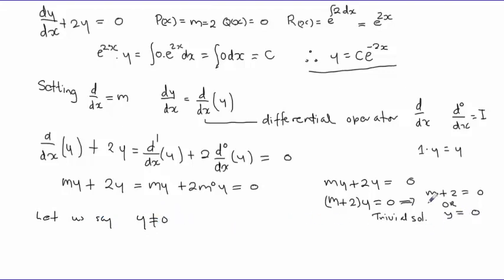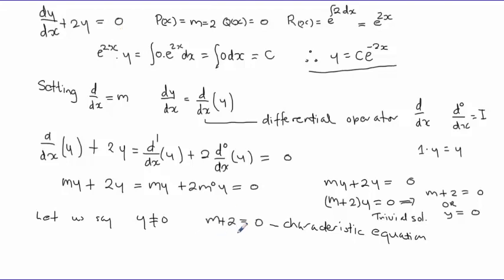So if y is non-zero, the only case remaining is that m plus 2 is equal to 0 from this kind of discussion. And this equation, we're going to call the characteristic equation of the differential equation given there.